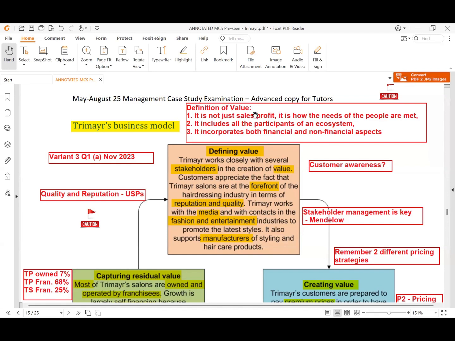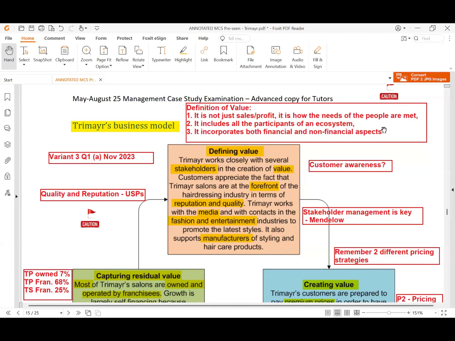In other words, prior to that date, we had the concept, which we're all familiar with, of profit. So you have a for-profit business like Trymar, they make profit, they pay their tax and give it all out, let's say, to their shareholders. No. Value's different. It's not sales, it's how people's needs are met.